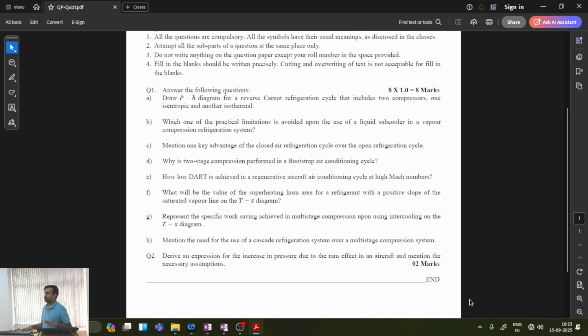So I told you a simple thing. Whenever we use a multi-stage system, we go maximum up to 3 stages of compression. Because if we go more than 3 stages, thermodynamically it is feasible, but the first point is that capital cost increases, and the second important point is that there are some practical limitations. What is the practical limitation?